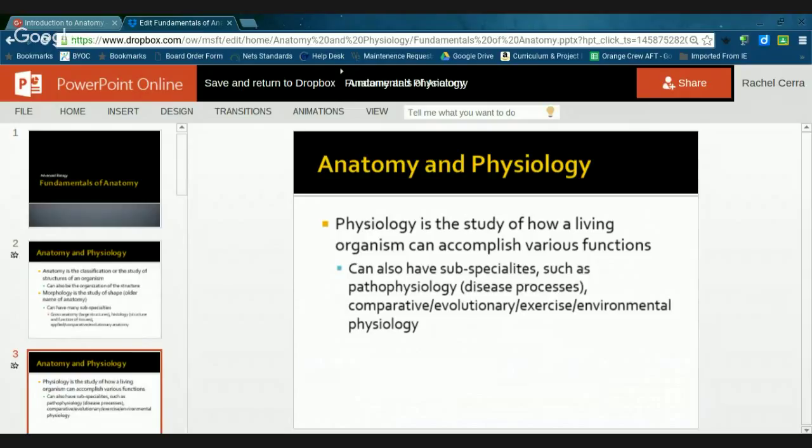And then again, you can have comparative or evolutionary physiology. You could have exercise physiology if you're going to do physical therapy. You can also have environmental physiology as well. So these aren't an all-inclusive list. There are more subspecialties. That was just giving you an idea.